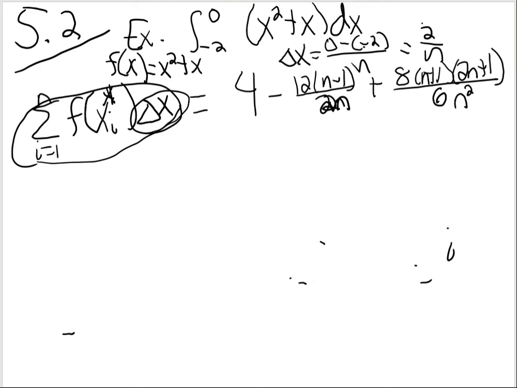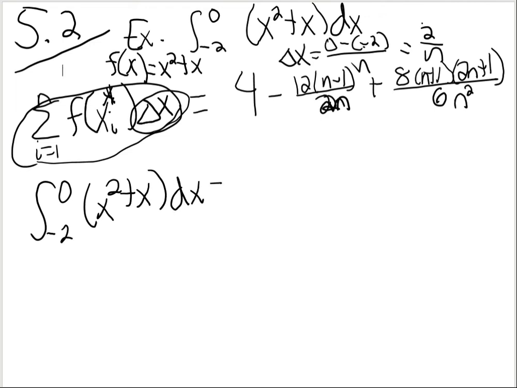Okay, so what's going to happen when we take the limit as n goes to infinity? Because that's what the integral from negative 2 to 0 of x squared plus x dx is, the limit as n goes to infinity of that function.